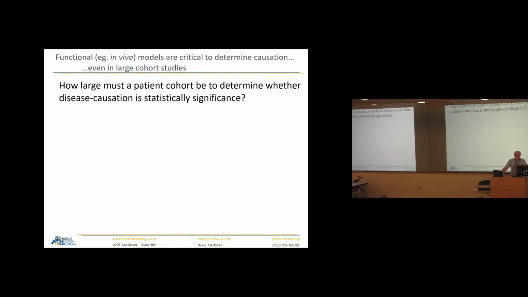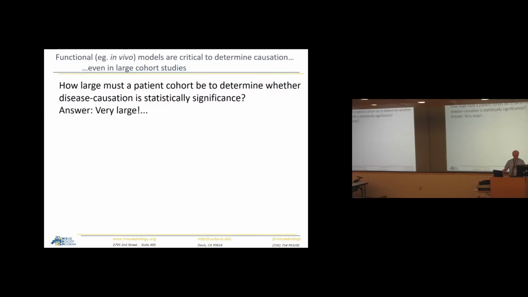My thesis that I'm positing with you today is that functional models are critical to determine causation. Again, that holy grail, association versus causation. And that's necessary even in large patient cohort studies. So I'll ask a question: how large must a patient cohort be to determine whether a disease causation is statistically significant?